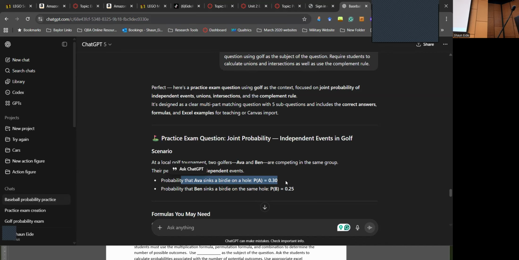minus 0.075. Someone has a question? Okay. So if they are dependent, I would tell you the joint probability, the probability of them both making it, right away.